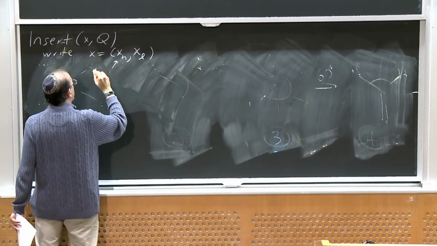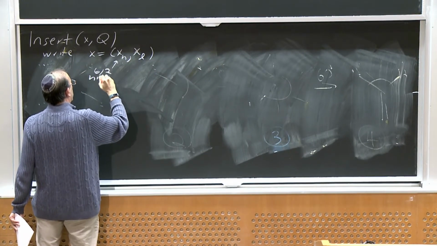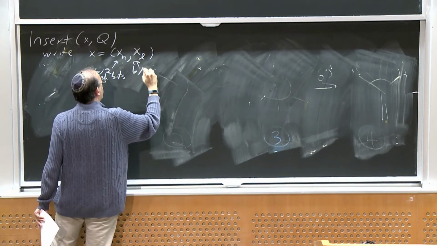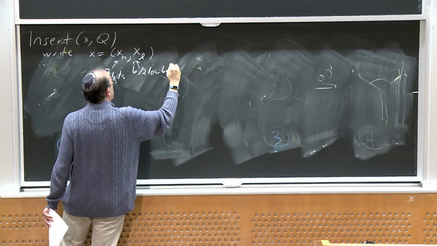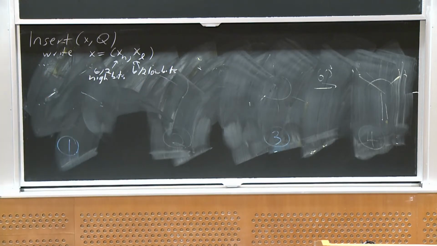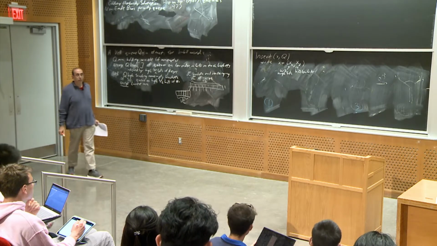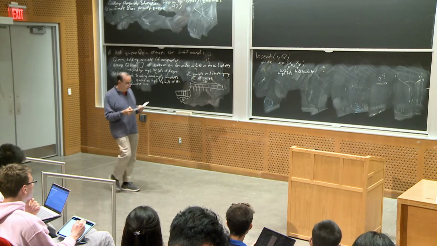So here we have b over 2 high bits. And here we have b over 2 low bits of x.